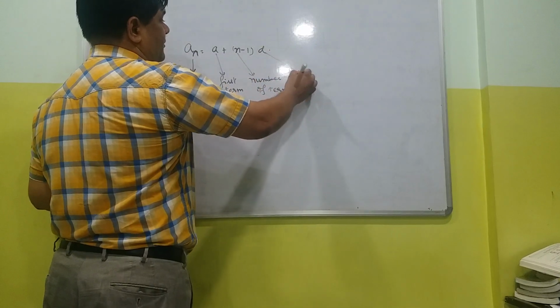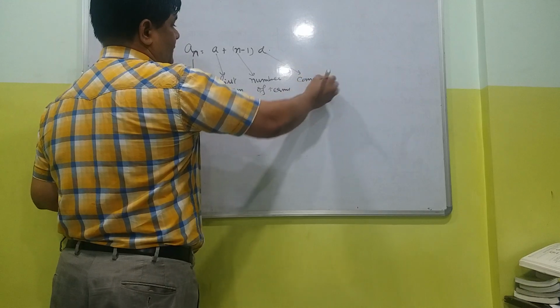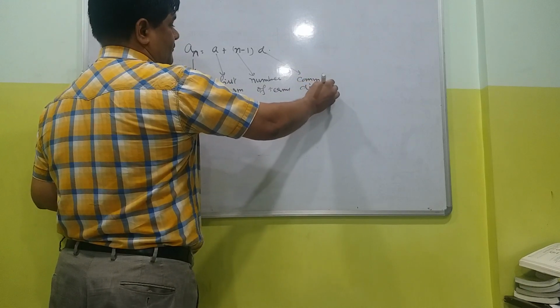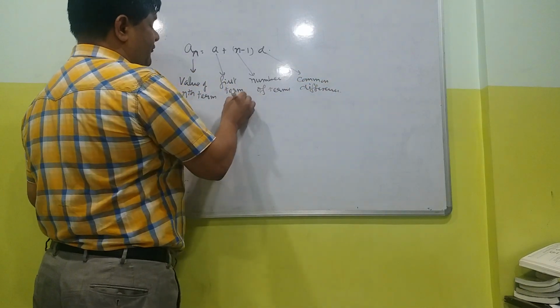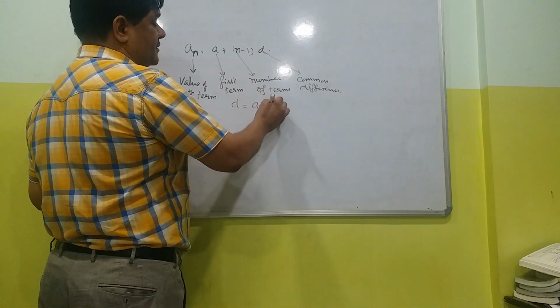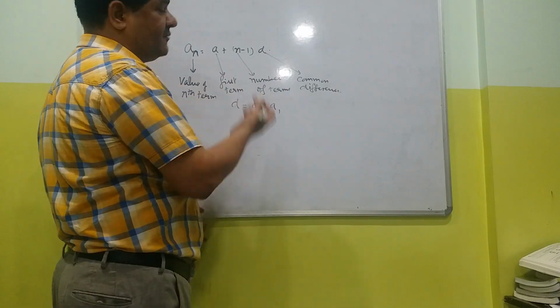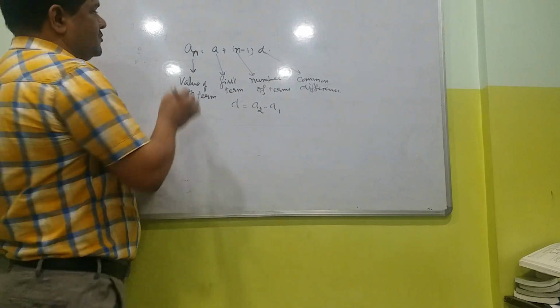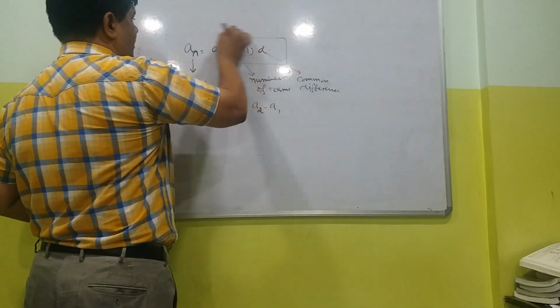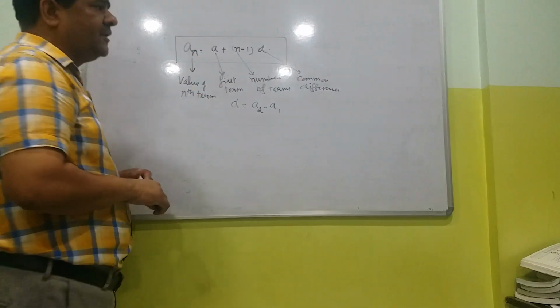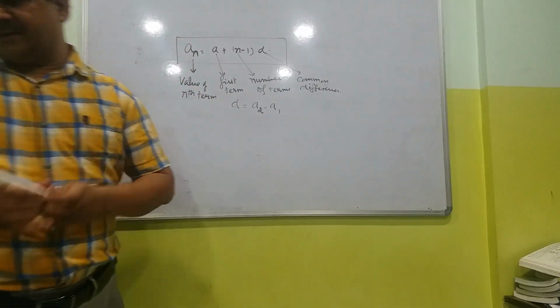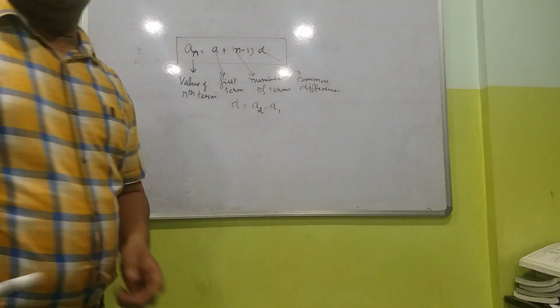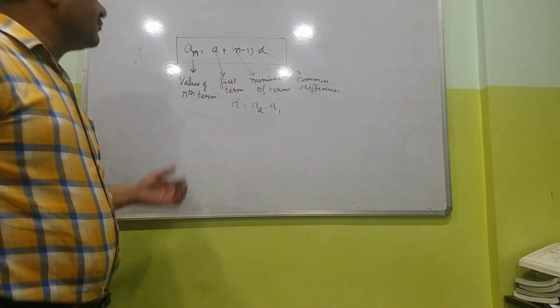And d is the common difference. Common difference is always obtained by subtracting the preceding term from the exceeding term, right? So this is a formula to calculate the value of nth term of an AP. So you have to keep in mind this formula.